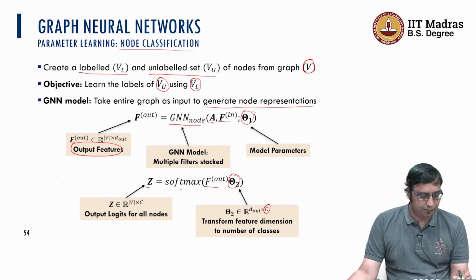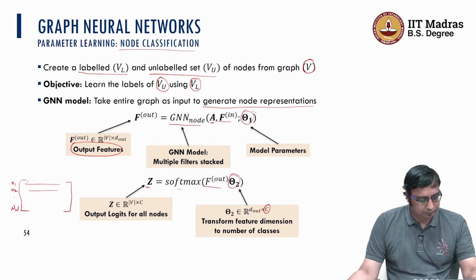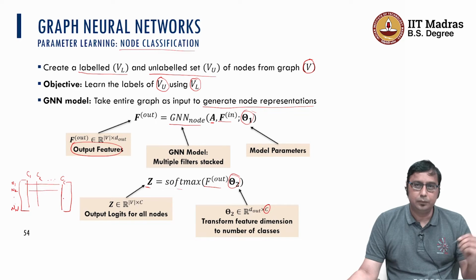So if you look at it, Z is a matrix where each row deals with node 1, node 2, till node n, and each column is a different class till C, or the probability of different classes.